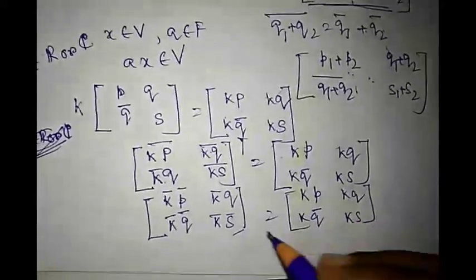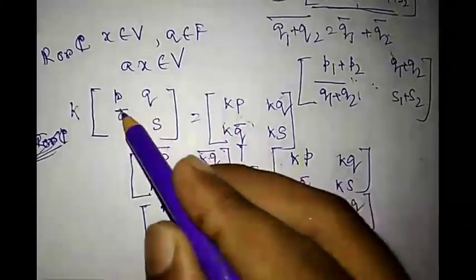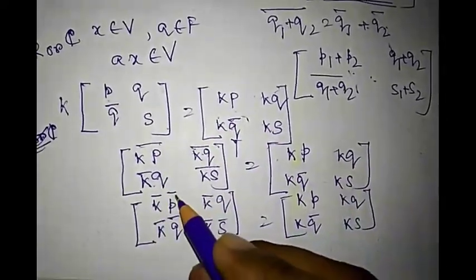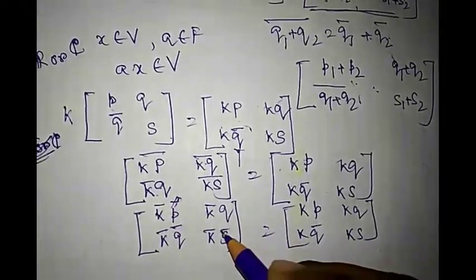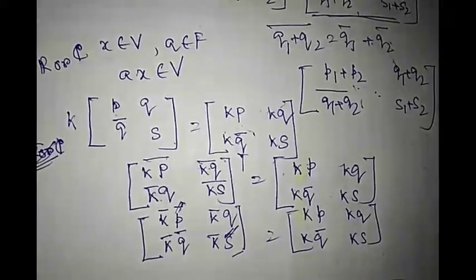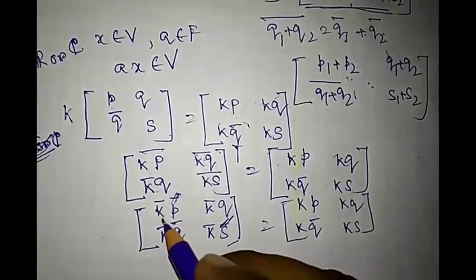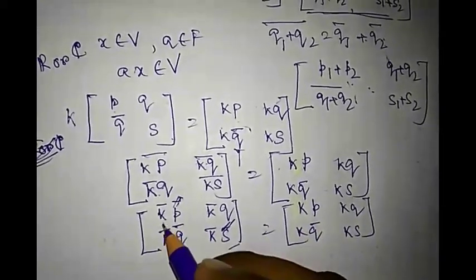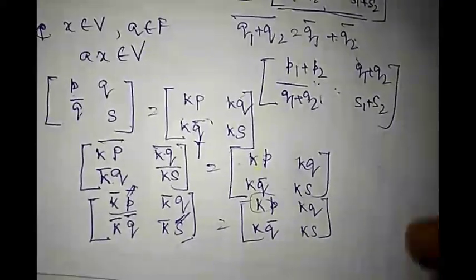Now we are told that P is a real number and S is a real number, so P bar equals P and S bar equals S, and the bars cancel. Now these two matrices are equal when the corresponding elements are equal.